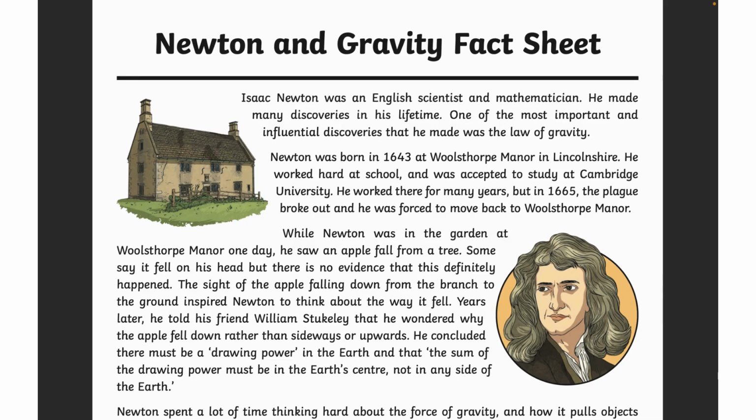Years later, he told his friend William Stukeley that he wondered why the apple fell down rather than sideways or upwards. He concluded there must be a drawing power in the earth, that the sum of the drawing power must be in the earth's center, not in any side of the earth.